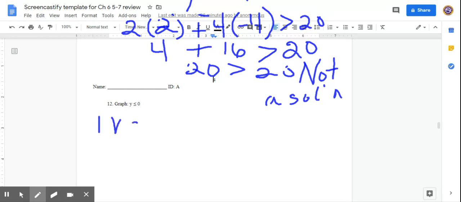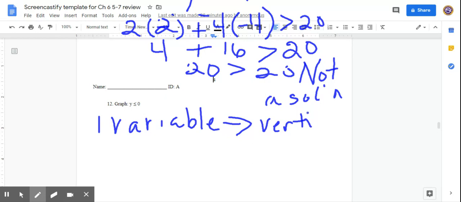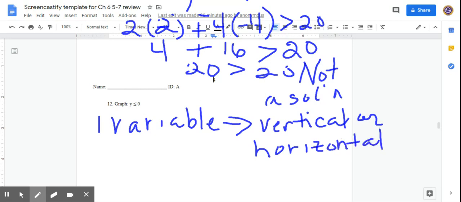That means it's either vertical or horizontal. So now you have to see what variable it is. It's y. Y equals a number, remember, is a horizontal line.